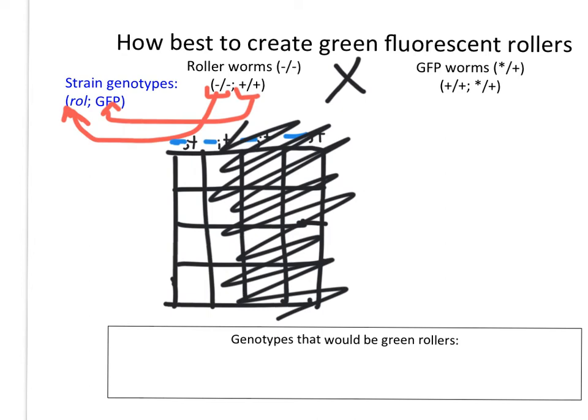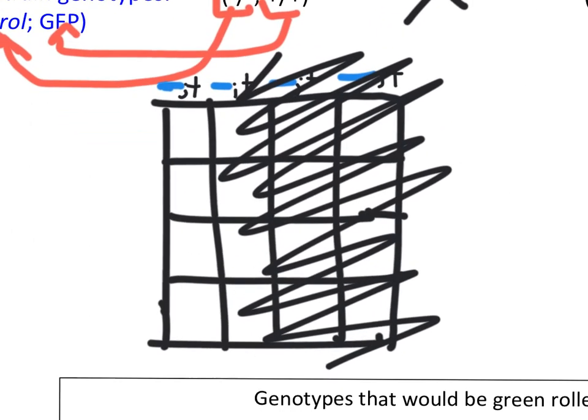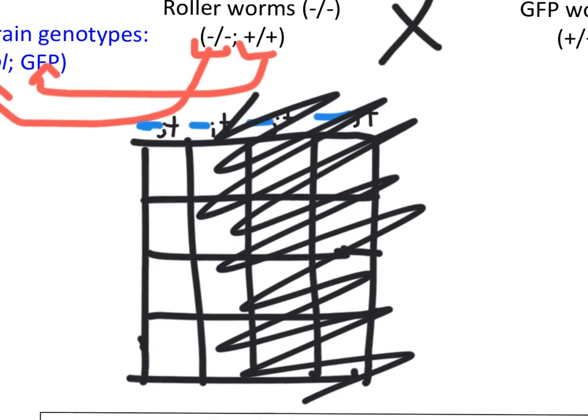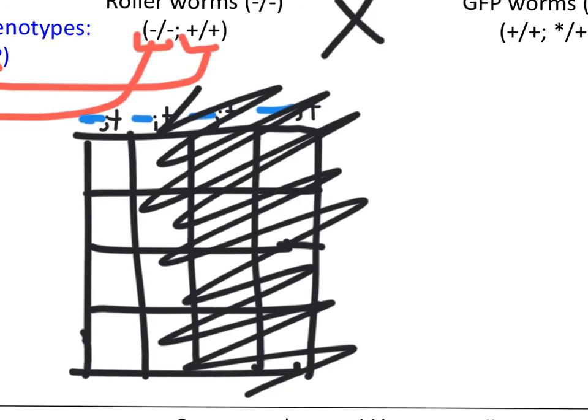What happens down the y-axis now on the left? So there's the genotype of the individual in the upper right. So at the roller locus, the first one on the left, what's every gamete going to have? It's going to have a plus sign. Except I can't draw pluses.